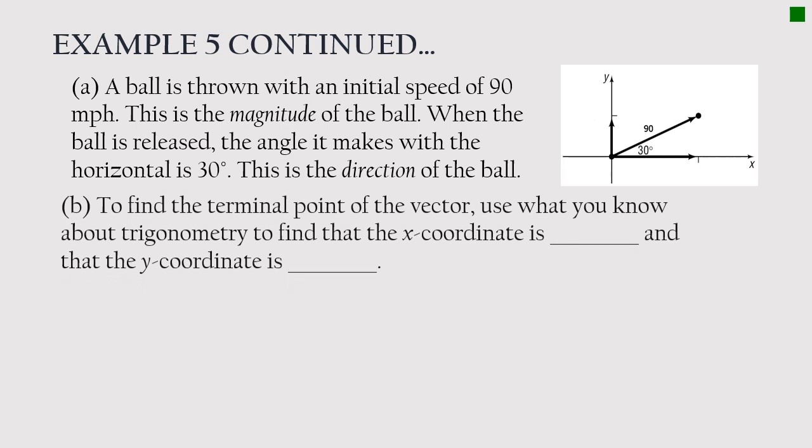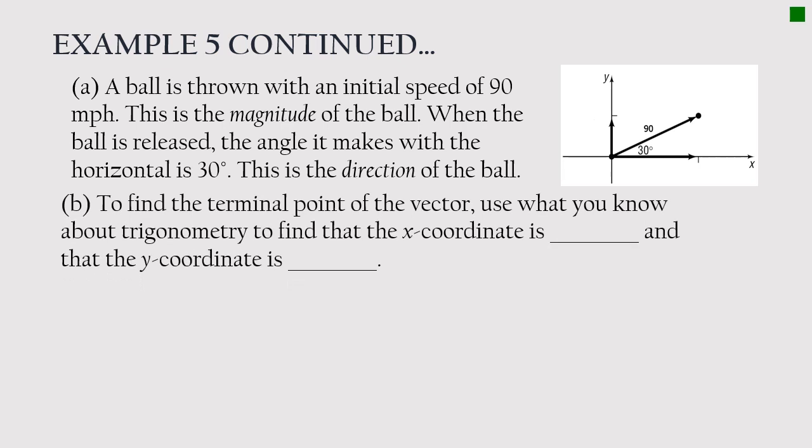Okay, so to find the terminal point of the vector, use what you know about trigonometry to find the x-coordinate. We know the x-coordinate equals r times the cosine of theta. My r is 90, cosine of 30 degrees, so I get 90 times root 3 over 2, which is 45 root 3.